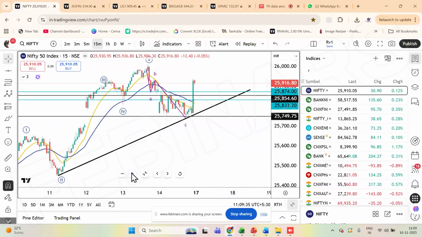I'm going to share the practical insights after this much consolidation. From 14th November, the whole consolidation has completed.